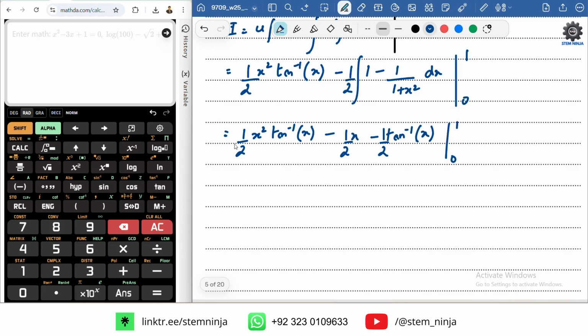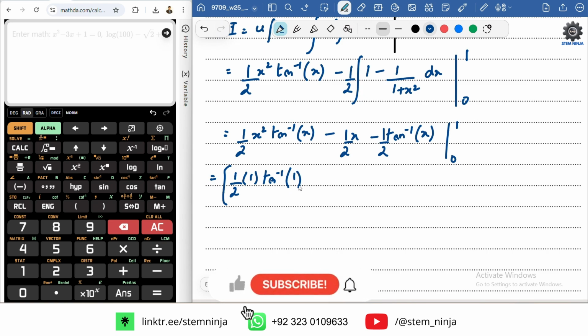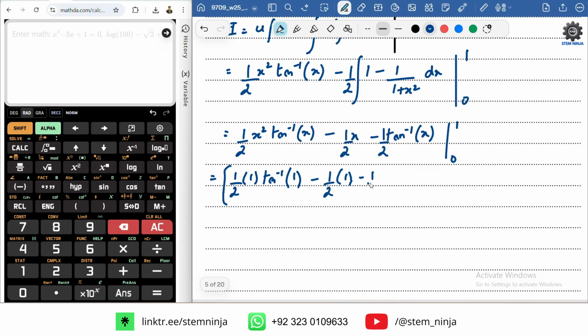Now we plug in the limits. So half times 1 times tan inverse of 1, minus half of 1, minus half of tan inverse of 1, minus half of 0, half of 0 minus tan inverse of 0, which is also 0.